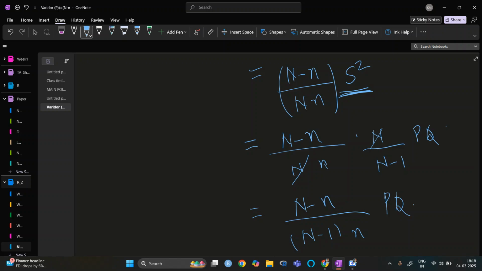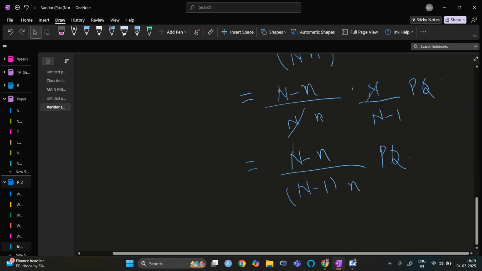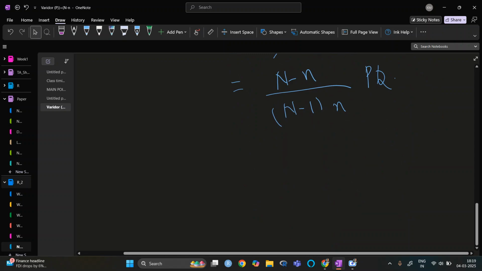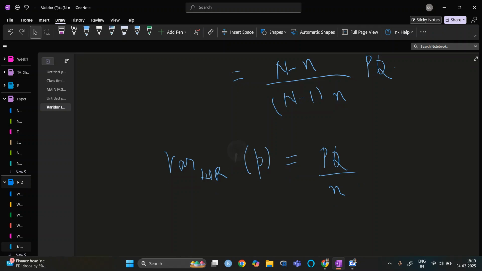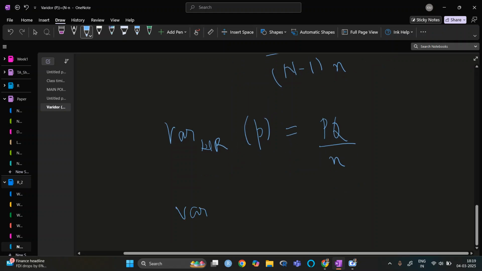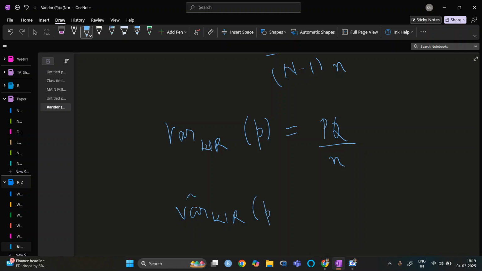So variance and standard error of P under SRSWR. These are some formulas which I'm writing so that we can work on them when we do the example. So the variance of WR P is PQ upon n, and the variance of the WR estimate of P is PQ upon n minus 1.